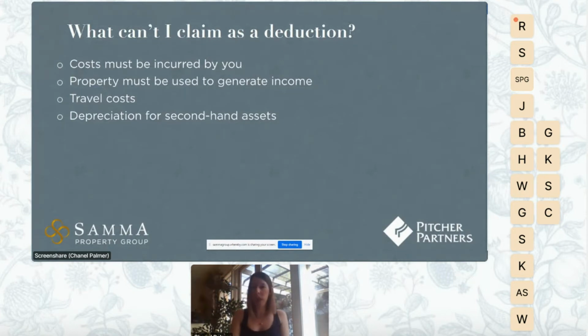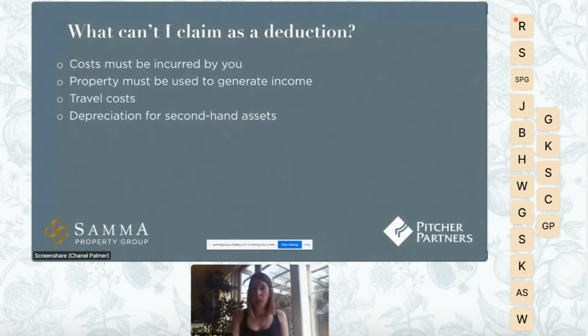So likewise for electricity or other utility fees that are paid by the tenant. You also can't claim any costs where the property is not used to generate rent or not available for rent in that period. So for example, if you've got a family member that's using the property at that time and you're not advertising it, if the family member is paying you some rent, it needs to be in line with the market value.